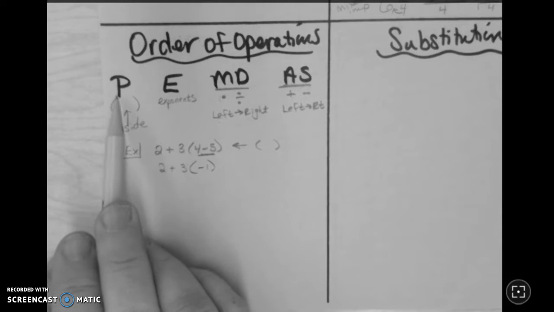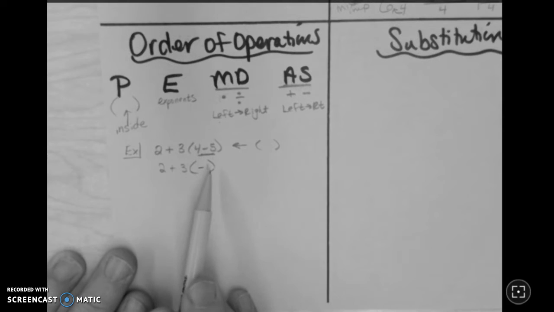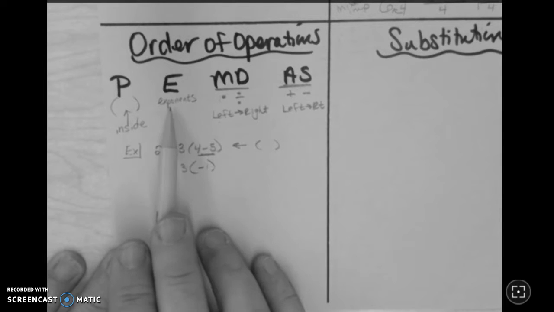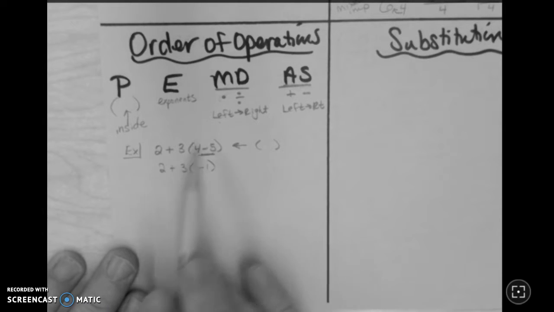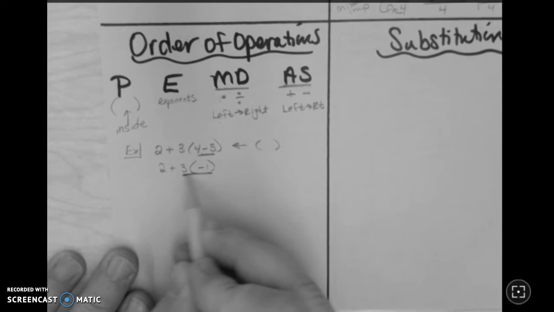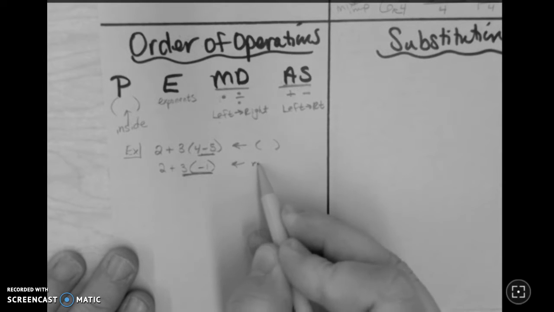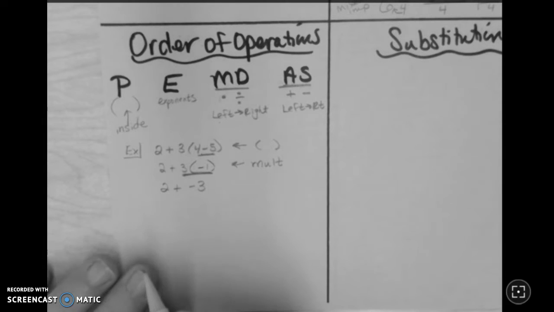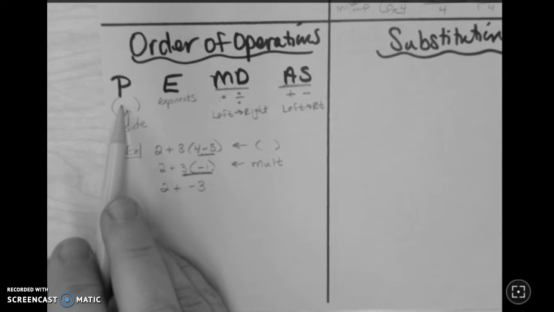Now I ask myself, do I have any parentheses? Well, I have parentheses, but there's nothing really inside to do. So then I go to exponents, and I don't see any exponents. And then I go to multiplying and dividing, and I do have one right here. So for that one, I'm going to multiply. And so 3 times negative 1 is a negative 3. Now I go back to parentheses.